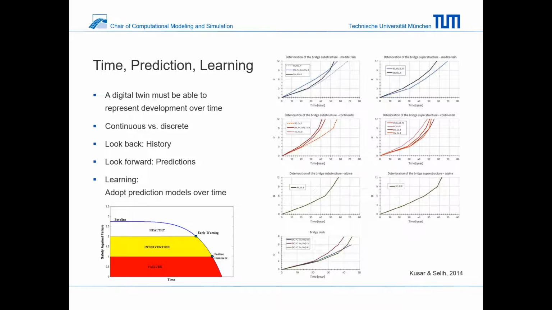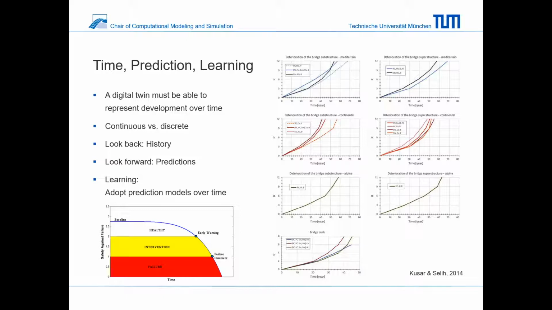Very often we want to look back to say something about the history of a building or any other facility. But what is even more interesting is to look ahead and to do a prediction of the future. So for this, we will typically use all the sensor data, but we will most likely also use the physics models. So that's very important here.